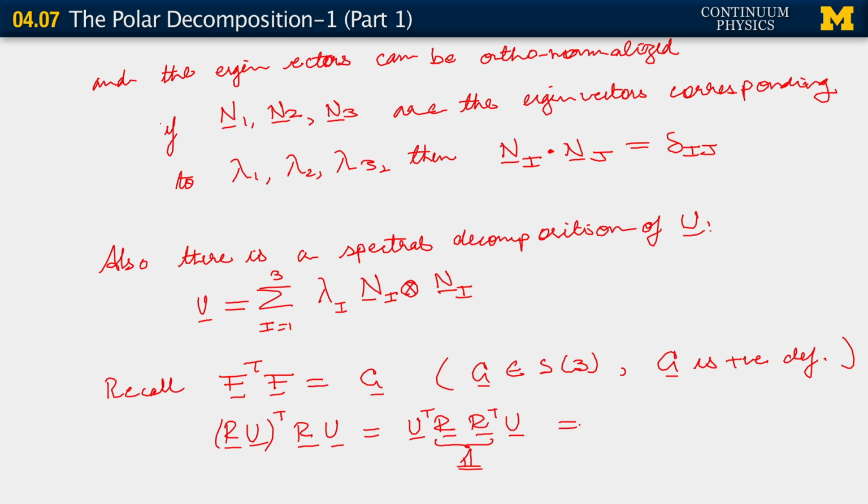As a result, we have this equals U transpose U. But then U is a symmetric tensor, so this is just U square. Okay? So what we've demonstrated is that C is equal to U square. Our right Cauchy-Green tensor is just U square. If a U square exists, this has to hold.